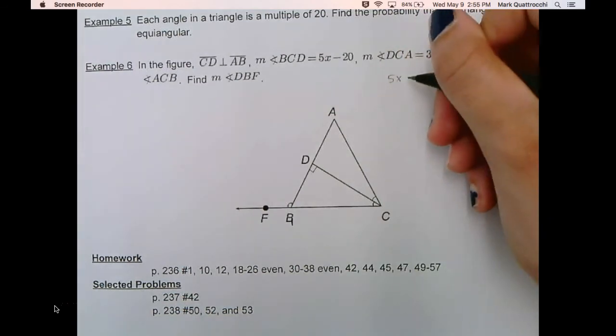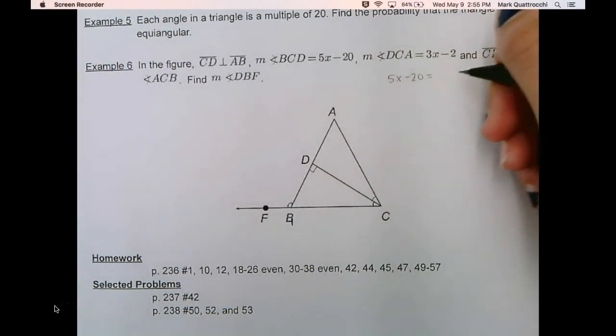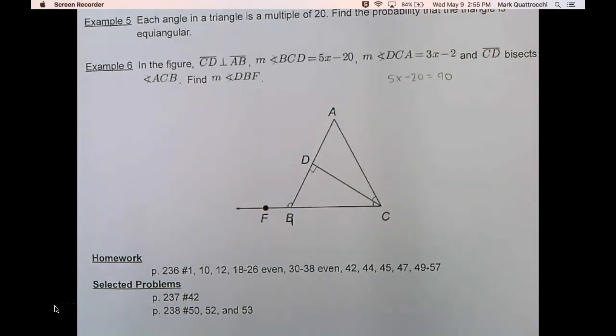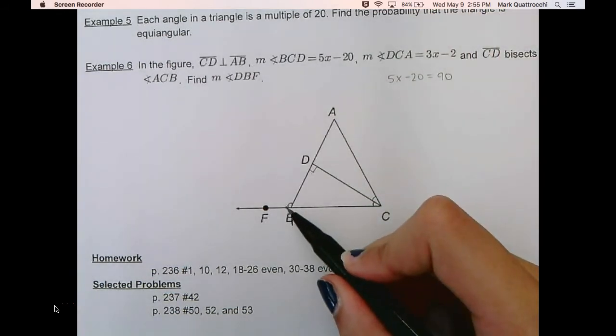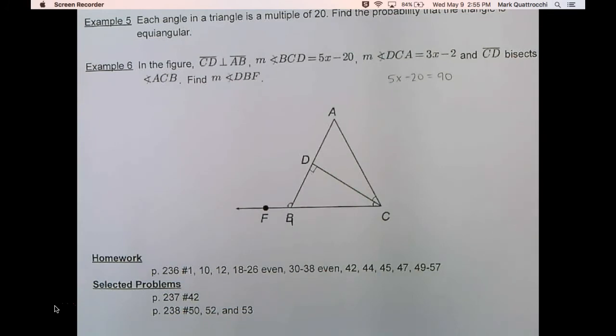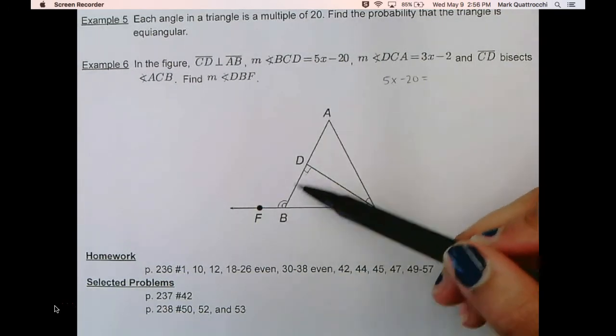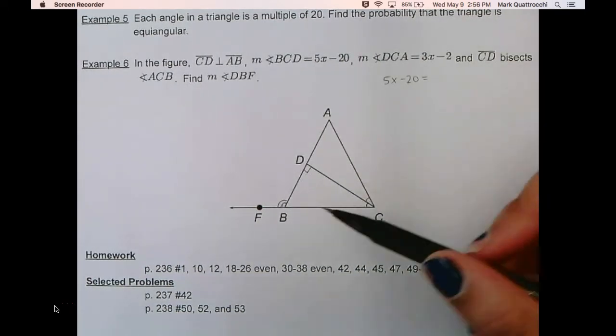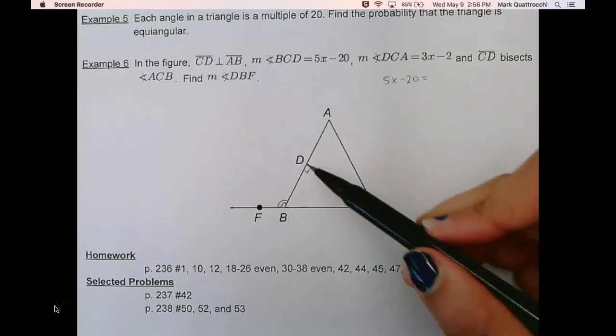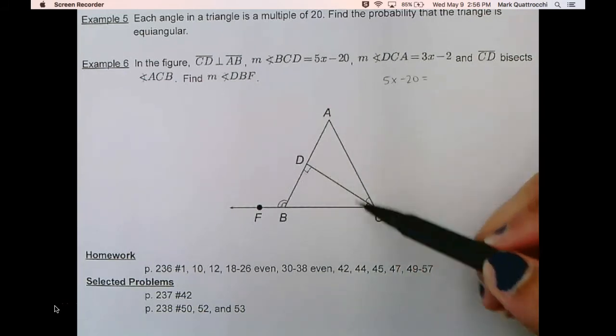So 5x minus 20 equals 90. Oh, I read that wrong. I thought this said angle BDC, but it's BCD and DCA.